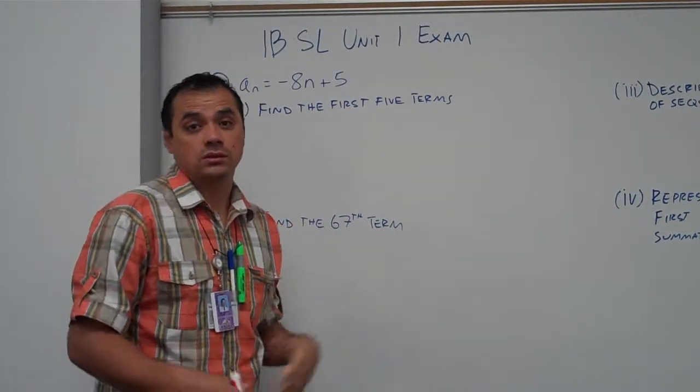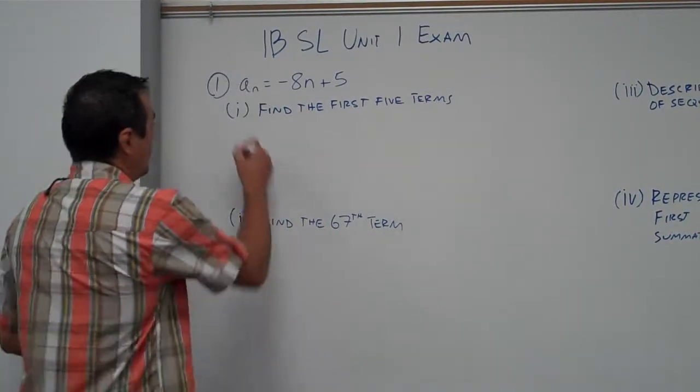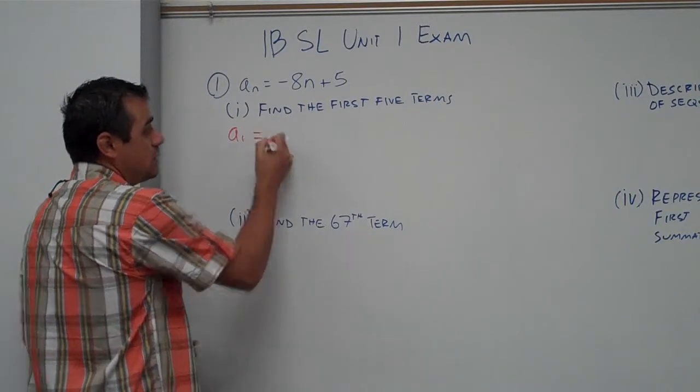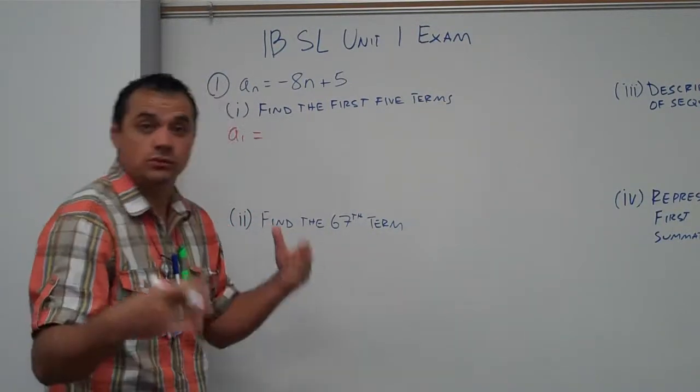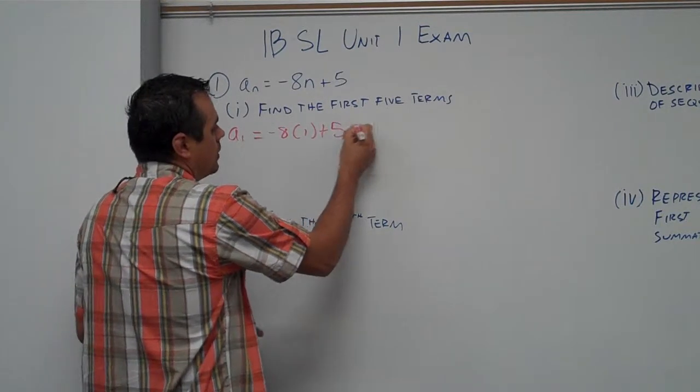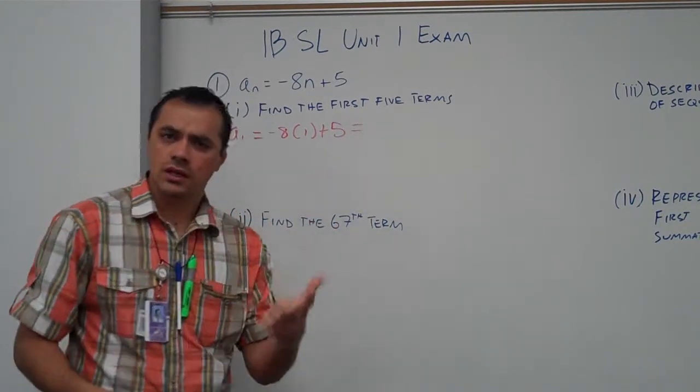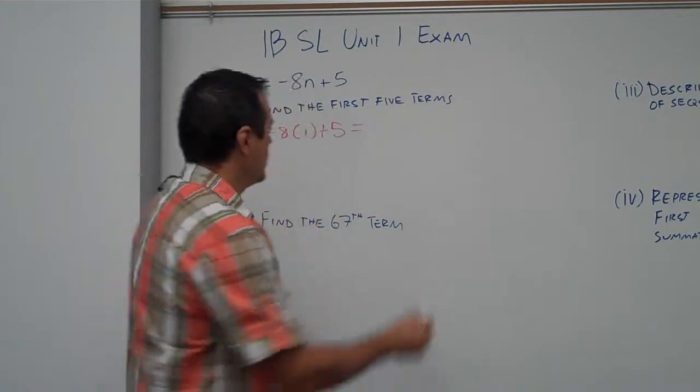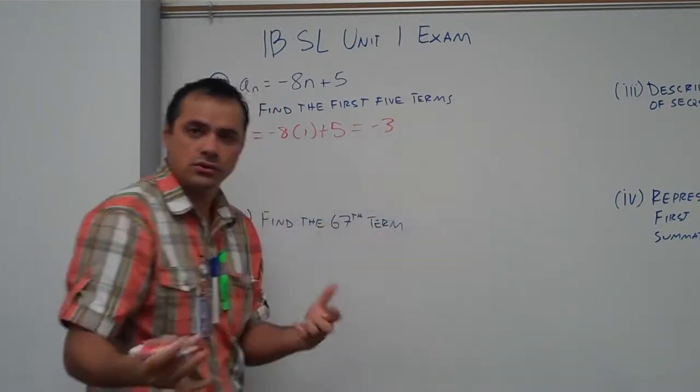So I want to know what a sub 1 is, which means n is 1. We get negative 8 times 1 plus 5. Negative 8 times 1 is negative 8, plus 5 gives you negative 3. So there's your first term.